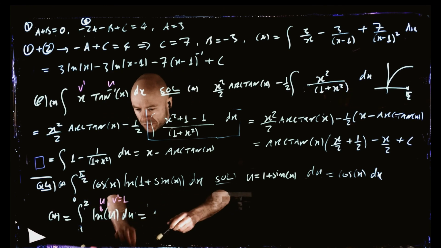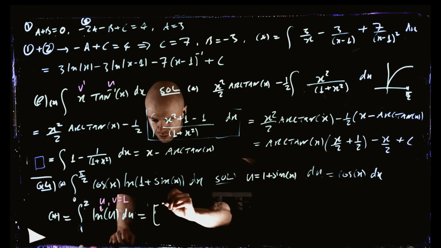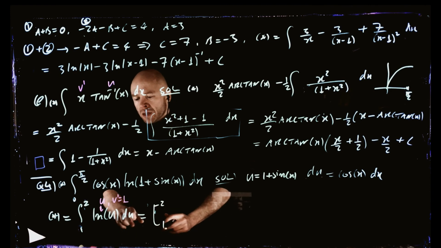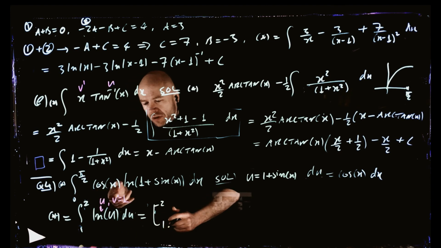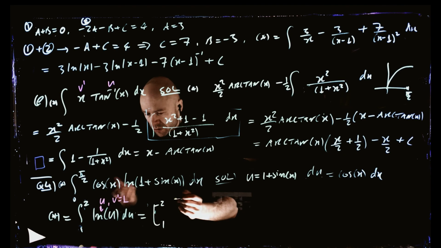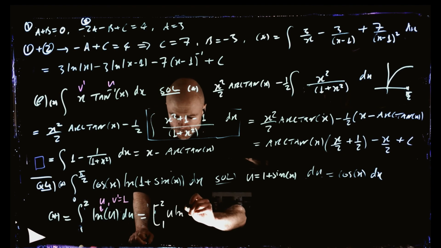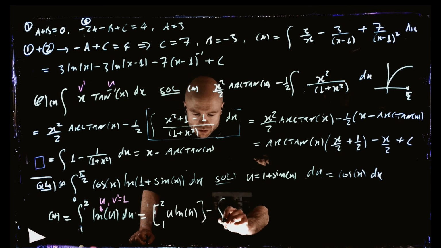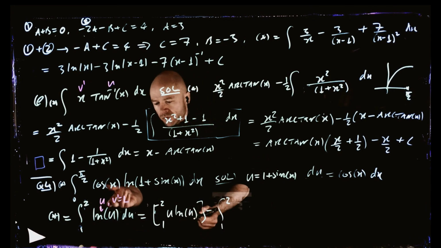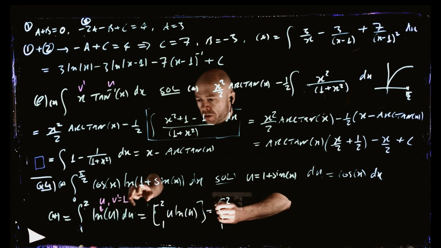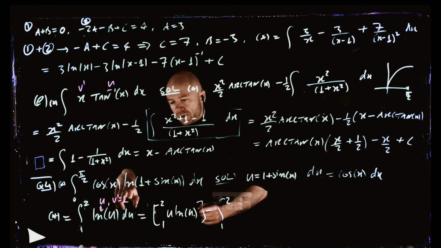And then we have this guy from 1 to 2. The antiderivative of 1 is just x, or u, because we're doing u. So it's u log of u. And then minus the integral from 1 to 2. Now if we differentiate this guy, we get 1 over u, and then we integrate this guy, we get u.